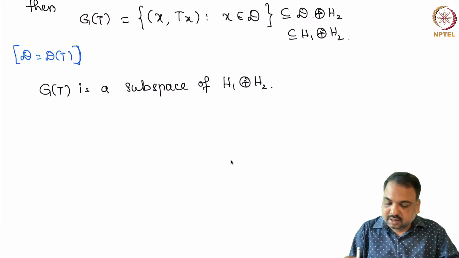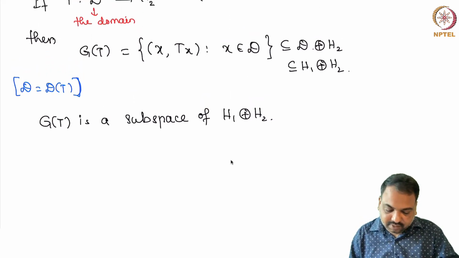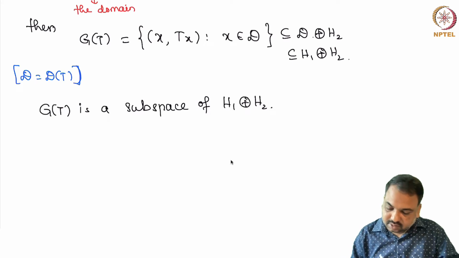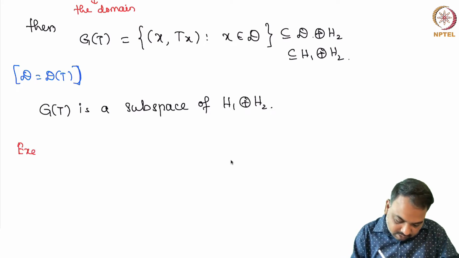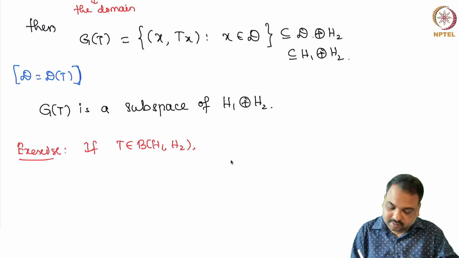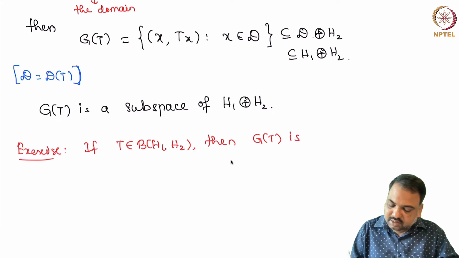Okay, now what exactly we want to show is that if T is a continuous map or a bounded linear map, that means T is defined from H1 into H2, then the graph of T we can show to be a closed subspace of H1 direct sum H2. Exercise: if T is a bounded operator from H1 into H2, then show that the graph of T is closed.